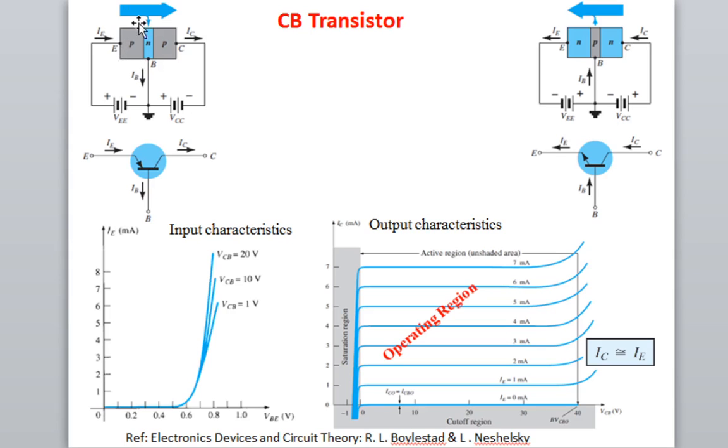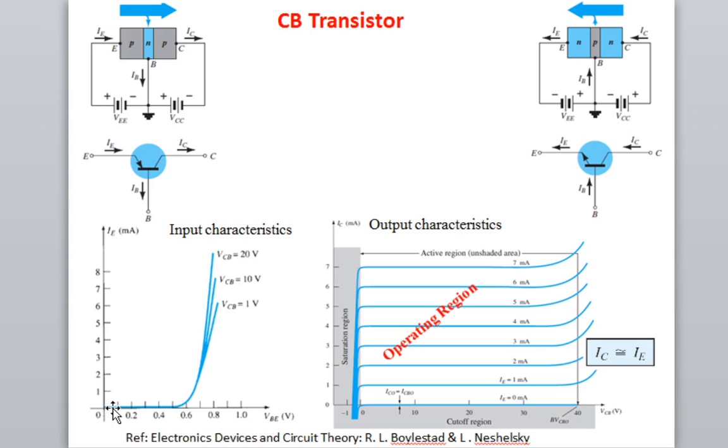Current will not flow because there is a formation of a depletion layer at the junction, so as long as the applied voltage is less than 0.6 or 0.7 volt, current will not flow. When the voltage drop across the emitter base junction is greater than 0.7 volt, then current will flow.